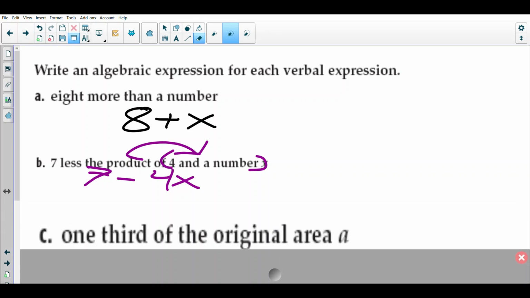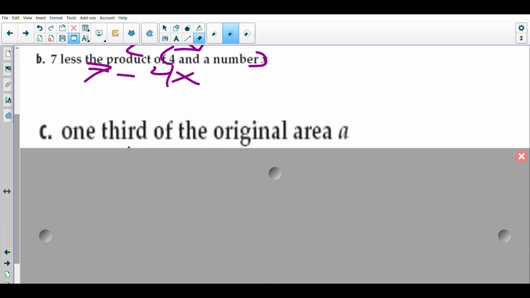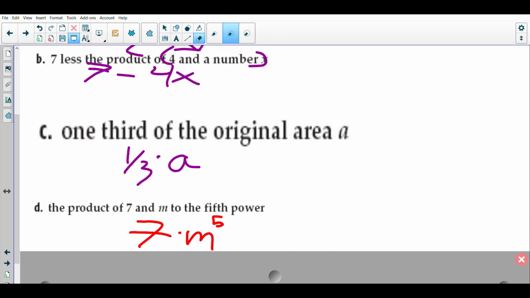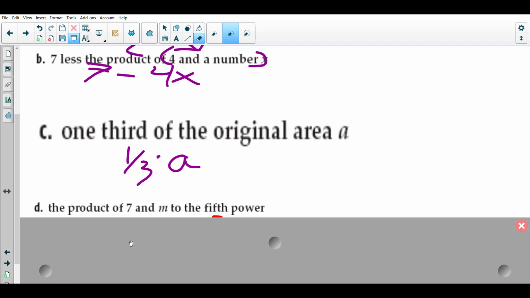Next one, 1/3 of the original area A. I kind of gave a brief example of this going through the list. So 1/3 of means multiplication. So we've got to remember 1/3 times A would just be 1/3 A. And the last one, I kind of jumped ahead.